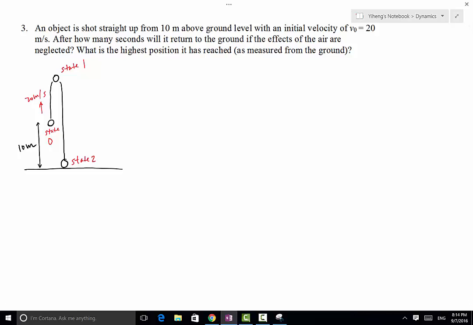So let's write down what we do know and what we need to find out.